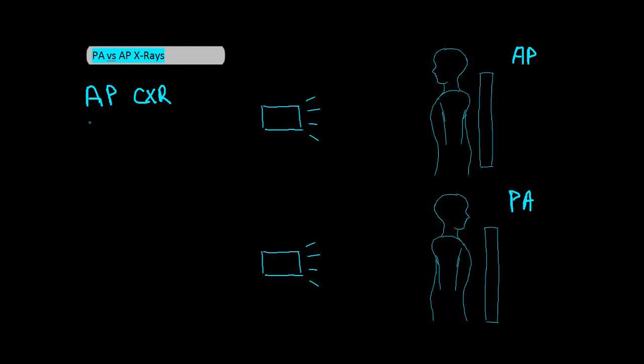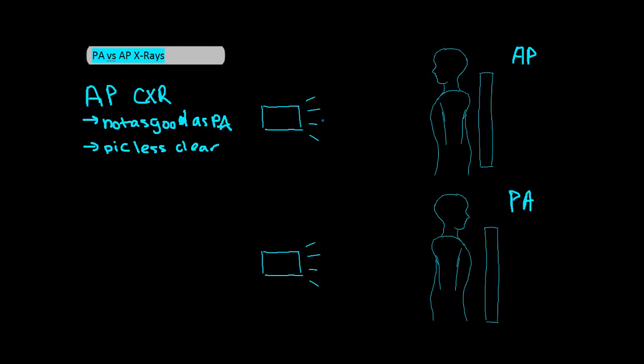Now, the second type of film we'll talk about is the AP, or the anterior posterior film. The AP film and PA film are very similar, but the major reason why we prefer the PA film over the AP film is that the AP film doesn't give as clear of a picture of the heart and mediastinum as the PA film, and here's why. So AP films are taken with the patient's back to the film.